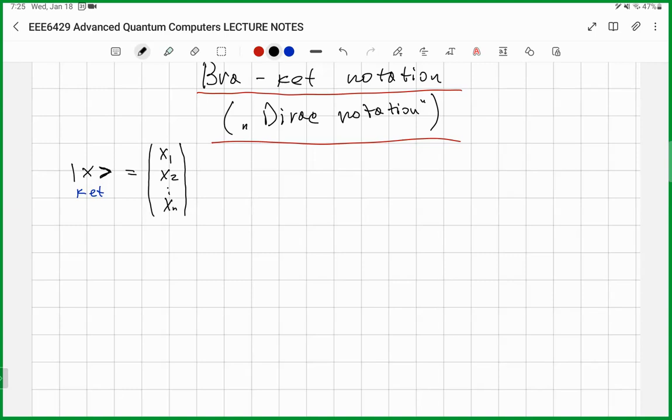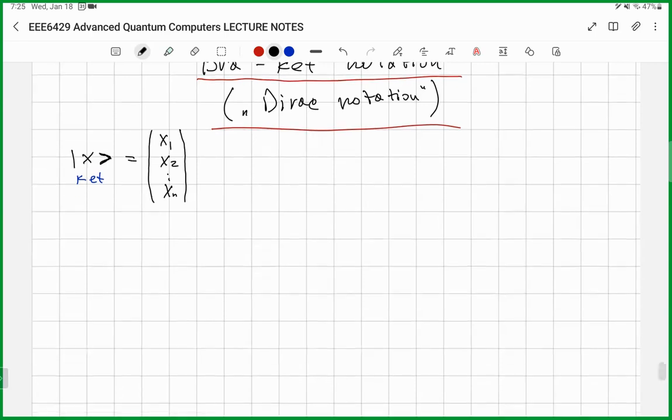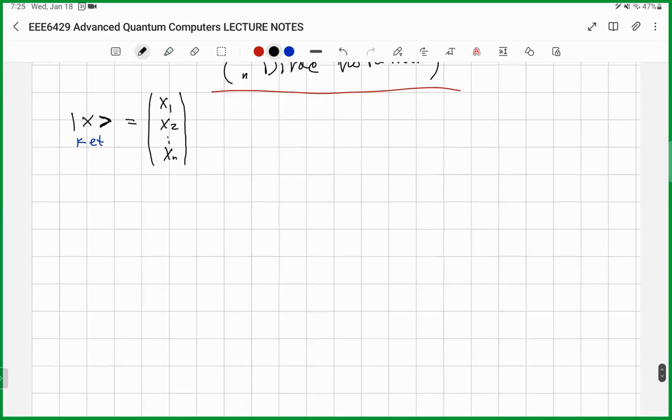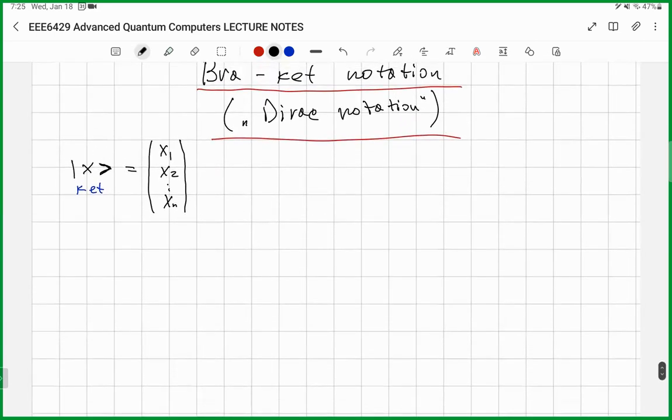So at this point, let's fix this notation. The ket corresponds to a column, not a string, a column. There is another object that actually corresponds to a row, the so-called bra vector. Let's denote it by this.